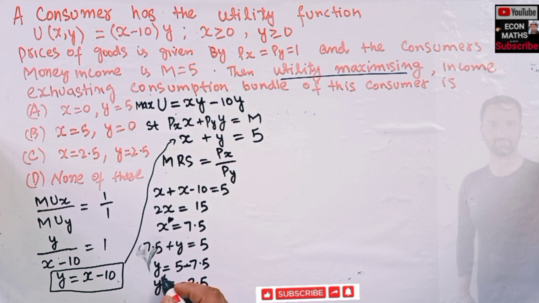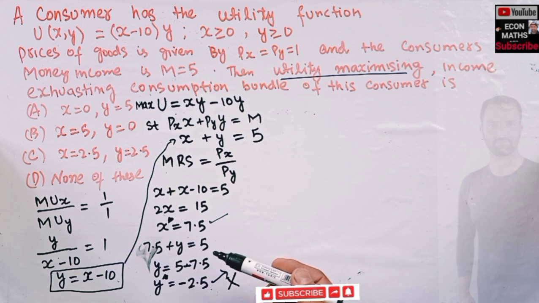So we got the optimal value of x as 7.5. The consumer is consuming 7.5 units of good x and negative 2.5 units of good y. Is it possible for a consumer to consume negative units of any commodity? No. So if we use this method in solving this question, we will not get the optimal bundle.